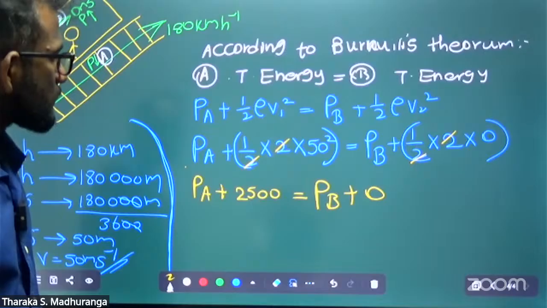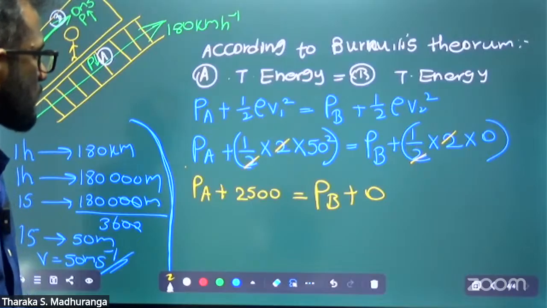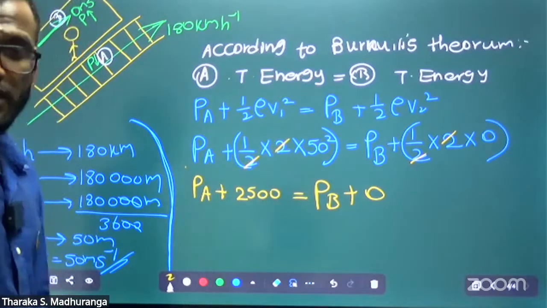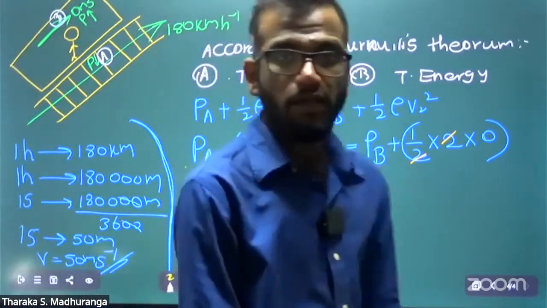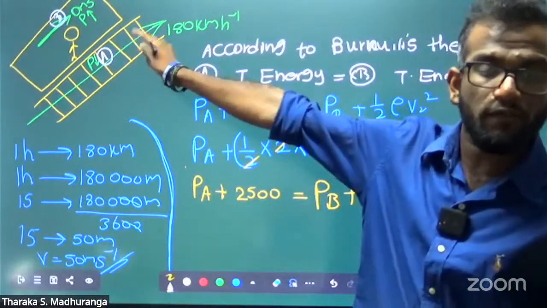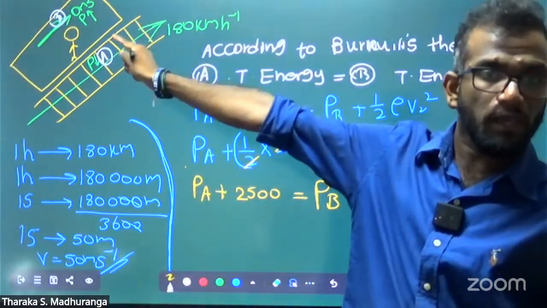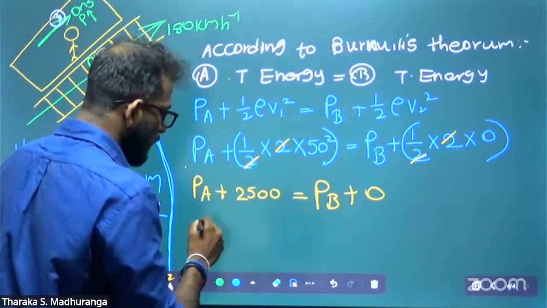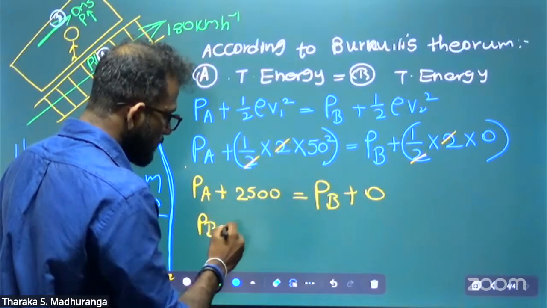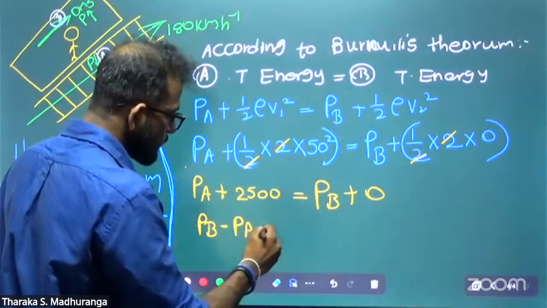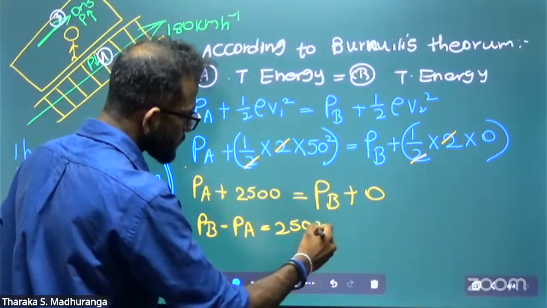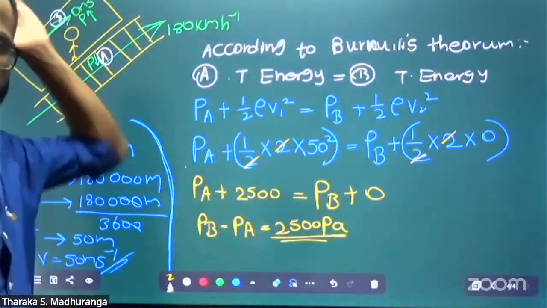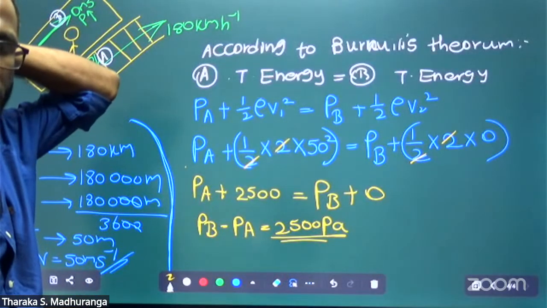PB is the greater value, because I told you on the B side there is no air flowing, or the airflow is very low. The B value is greater. Therefore, I am going to substitute PB minus PA equals 2500 Pascal.